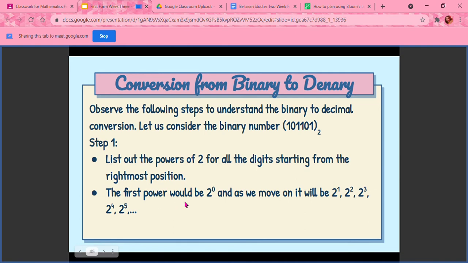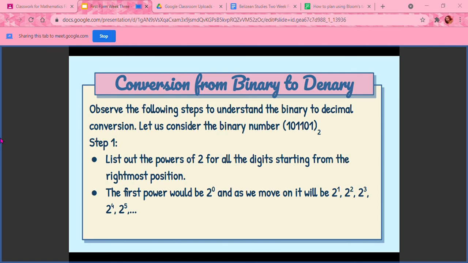The first power would be 2 to the 0, and as we move, we will have 2 to the first power, 2 to the second, 2 to the third, 2 to the fourth, 2 to the fifth, and so on, depending on how many numbers we have.